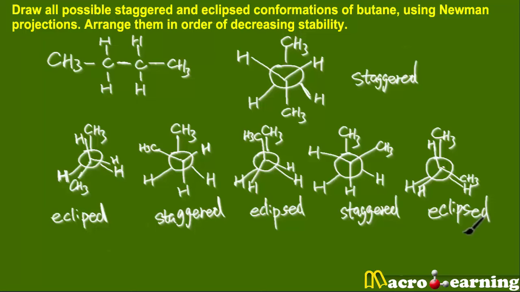But the answer is that there are only 4 of them. 2 staggered and 2 eclipsed. But now we have 3 staggered and 3 eclipsed. So what's happening here? So the answer is that there are 2 of them that are duplicates of some other ones. There's 1 eclipsed and 1 staggered that are duplicates with one of the rest. So which are they? Which pairs are the pairs that are duplicates to each other?